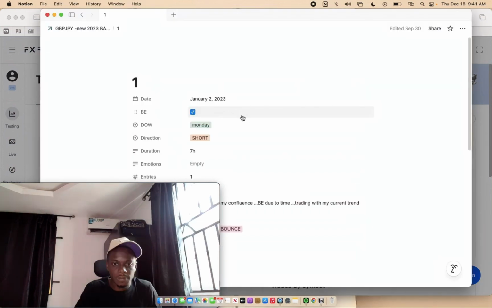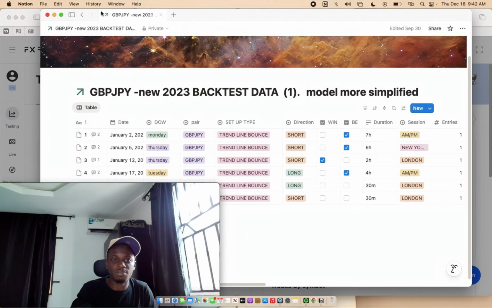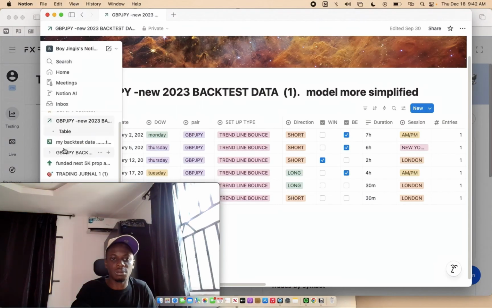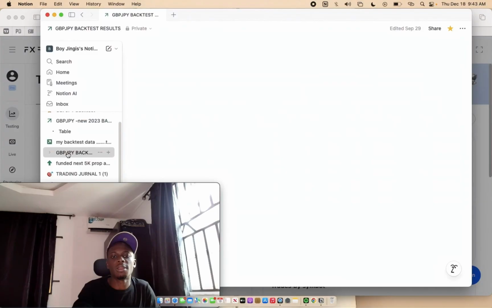Let's pick that journal. Extra things I'm going to add. So this is just if you want to prepare the whole journal. I have multiple of these. You can see them here.